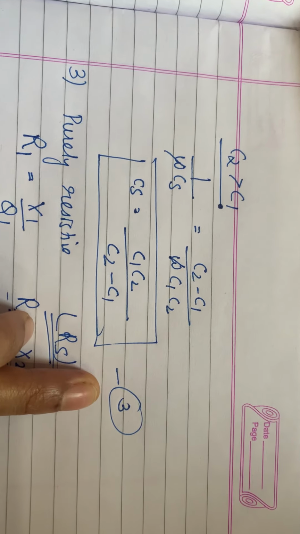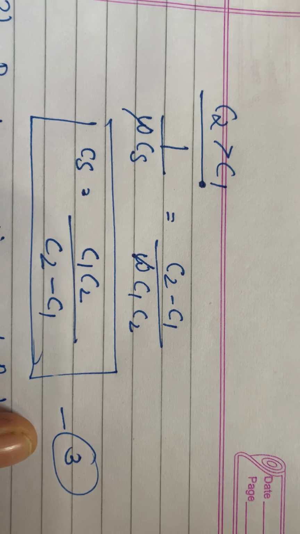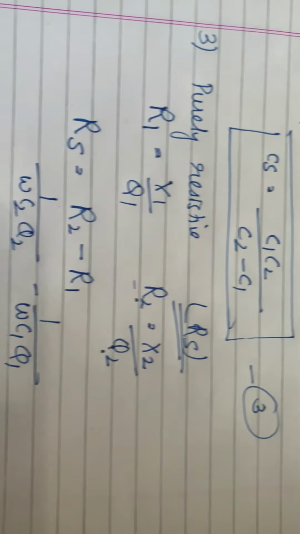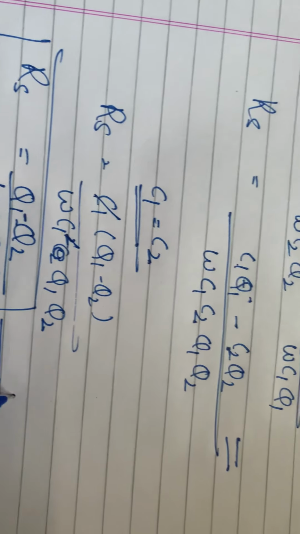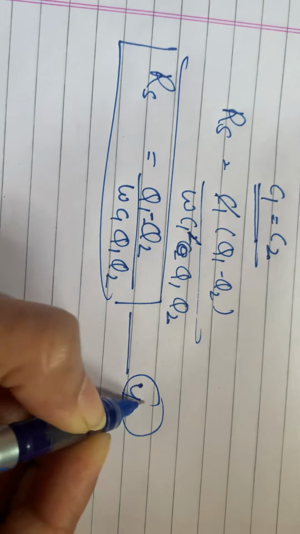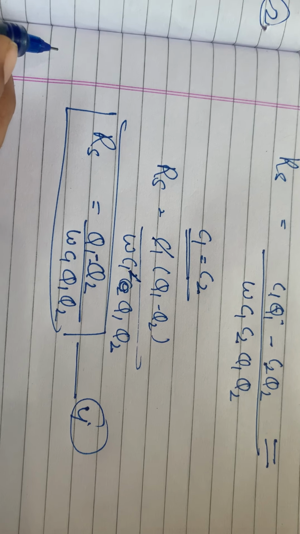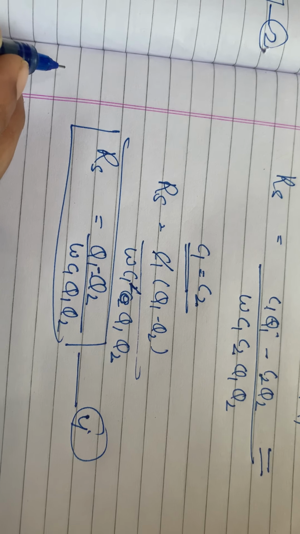However, if the two values remain same, there is no change in C1 and C2, then it is resistive in nature. Then you go for equation number 4 here.